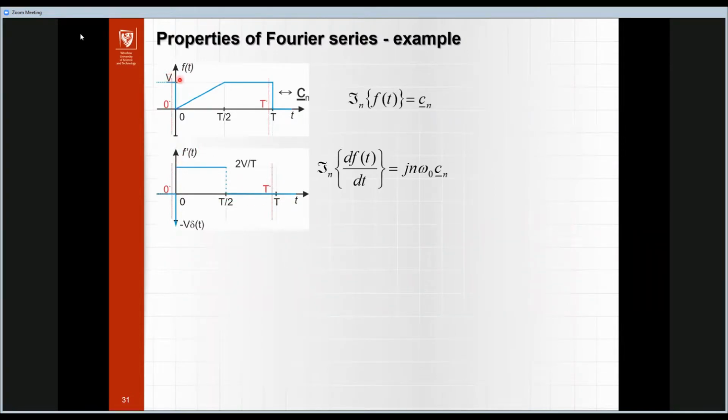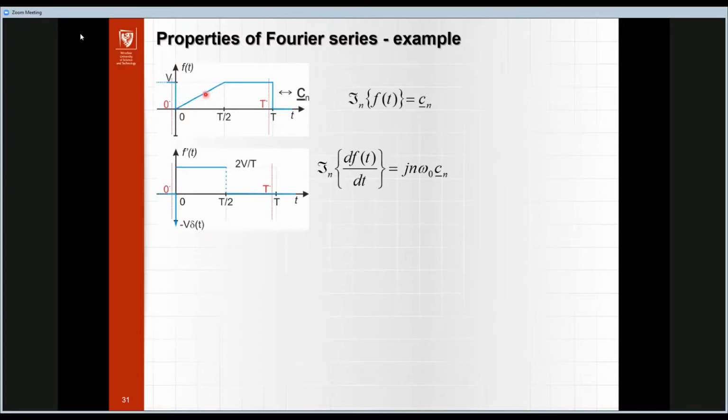Here, because there is a rapid change, we obtain the delta function, and its amplitude, because here we have the amplitude v, is minus v multiplied by delta t, because it changes from v to 0.